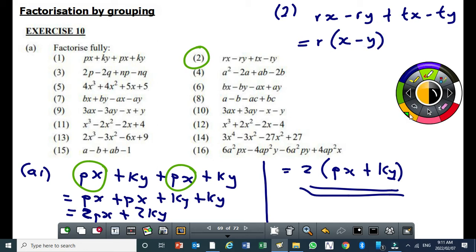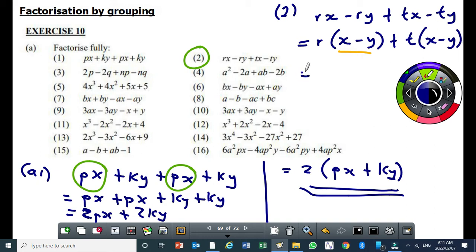The moment you create this binomial factor here, x minus y, be aware that for the last two terms, we must also create a similar factor, which is also x minus y. So the last two terms have a common factor, which is t, and then the binomial factor will be x minus y. Right? Once we get there, it means we are going back to factorization by a common factor, which was the first technique of factorization.